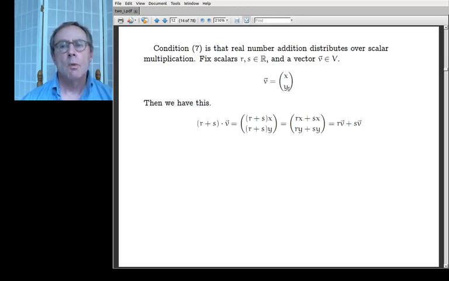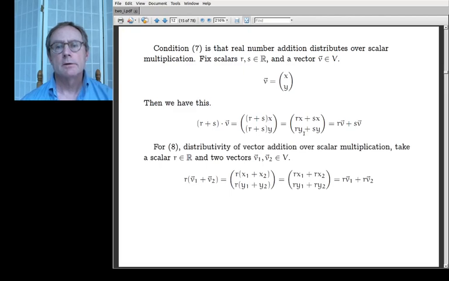So if y is twice x, will ry plus sy be twice rx plus sx? If v is in the vector space capital V, will rv plus sv be? And the answer, of course, is yes. That's easy to see, but a person has to know what to check.